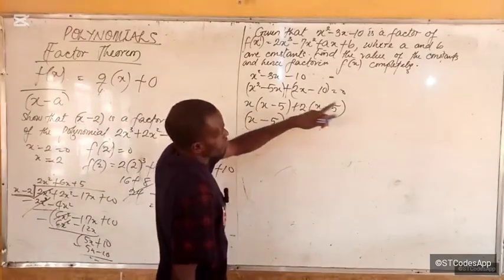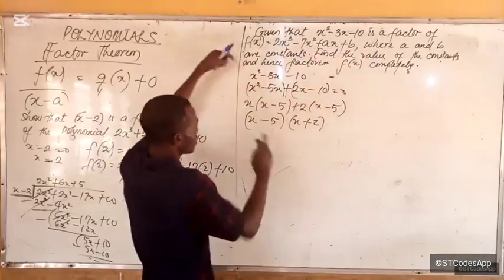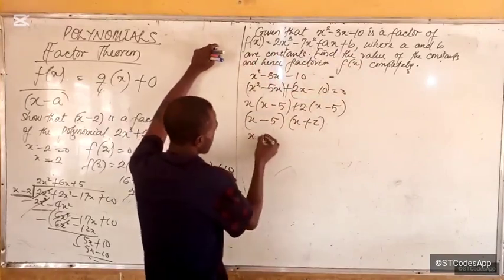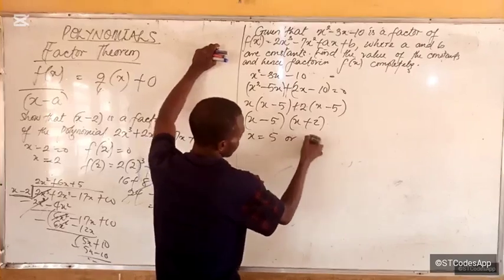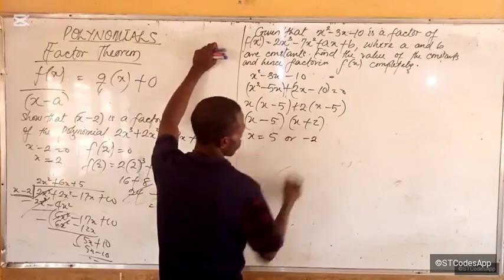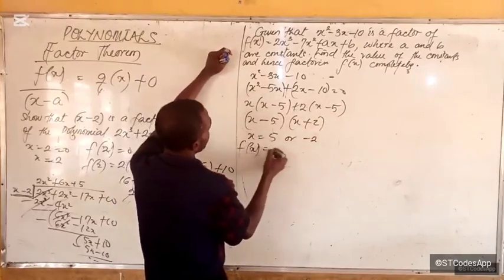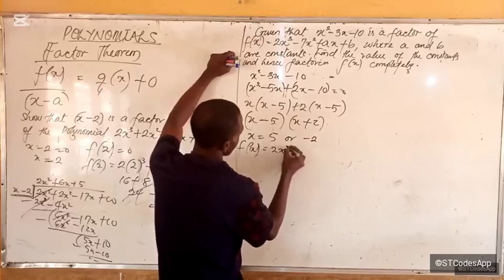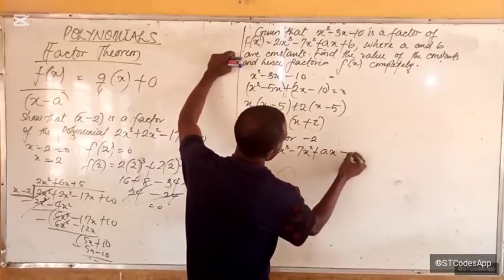Since it says you should factorize completely, but it also says that this is a factor, it means that f of any of these roots should give us 0. So x is either equal to 5 or x equal to minus 2. Do you understand? So when x is equal to 5, f of x is 2x raised to the power 3 minus 7x squared plus ax plus b.